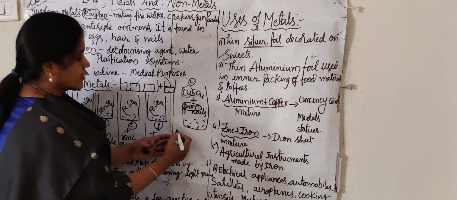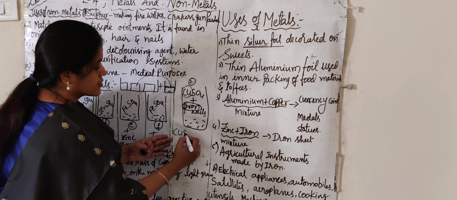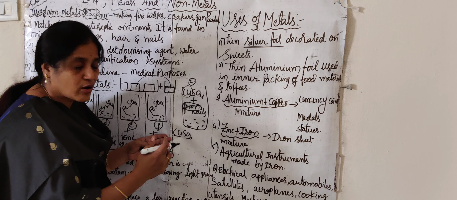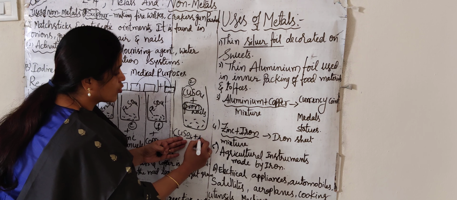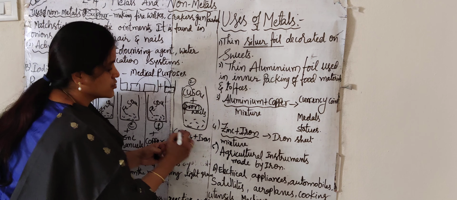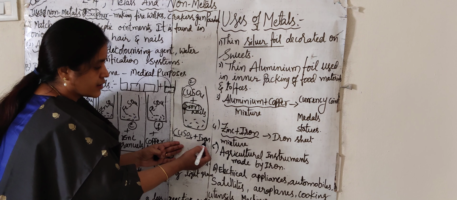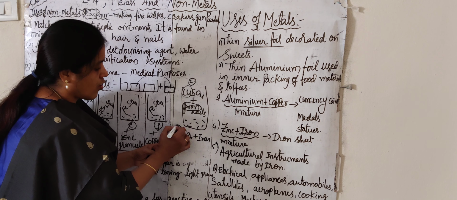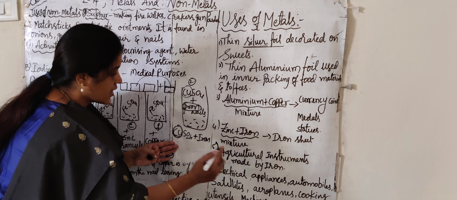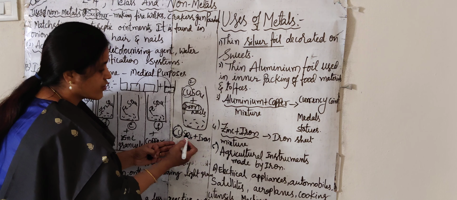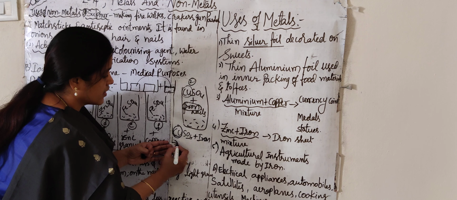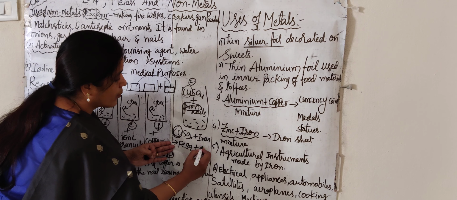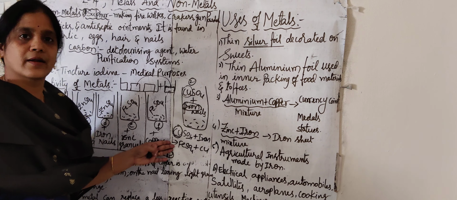Once again, in copper sulfate, copper and sulfate are friends, very close, but iron doesn't want these two to be friends. So iron nails removed the copper and sent it outside, and iron made friendship with the sulfate, then it forms iron sulfate and copper is separated.